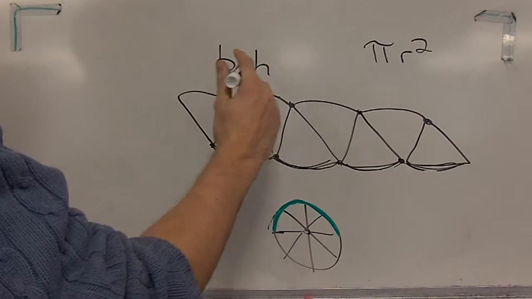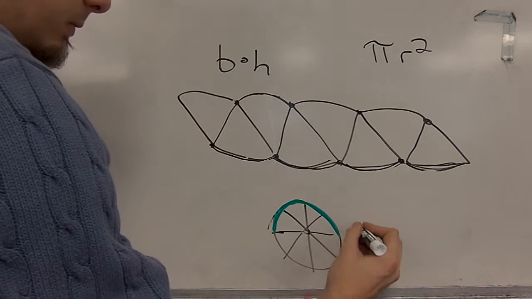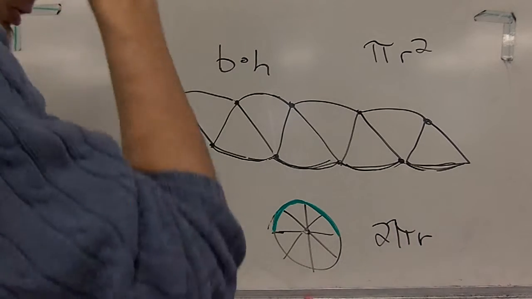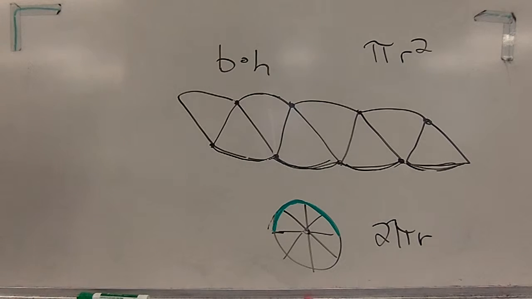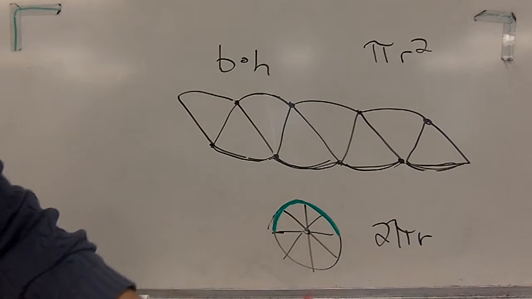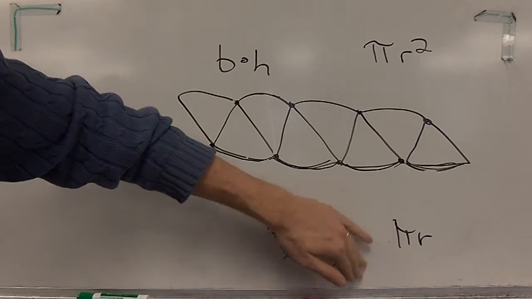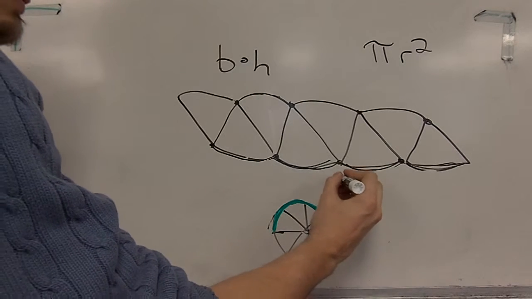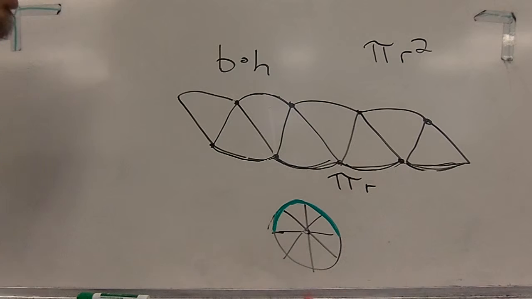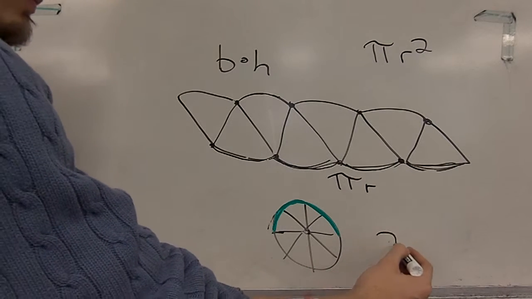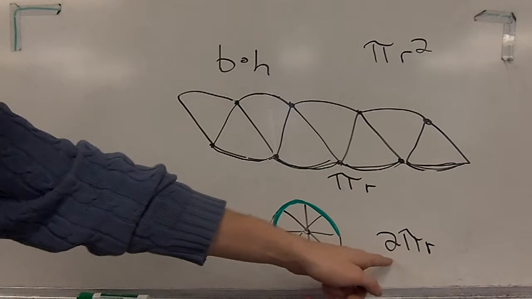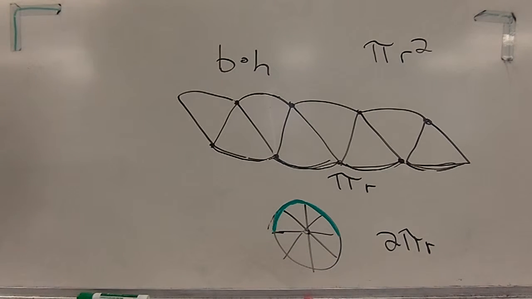If you remember correctly, circumference was equal to 2 pi r, or 2 times pi times radius. So I have 2 pi r's, half of that would just be 1 pi r. Right? Half of 2 is 1. So in other words, my base is equivalent to pi r, because all of circumference is 2 pi r. So if I divide this by 2, I'm just left with pi r.